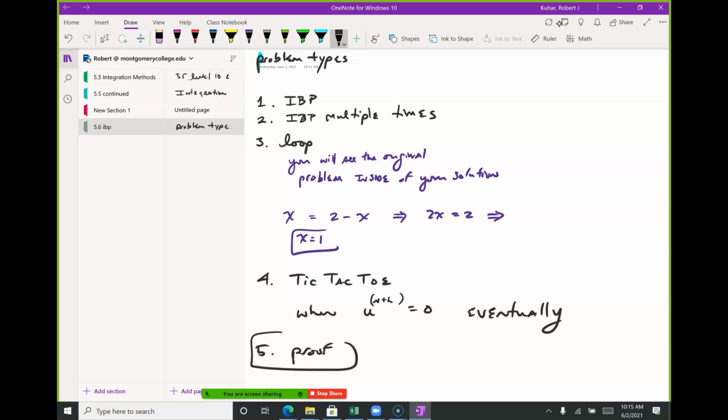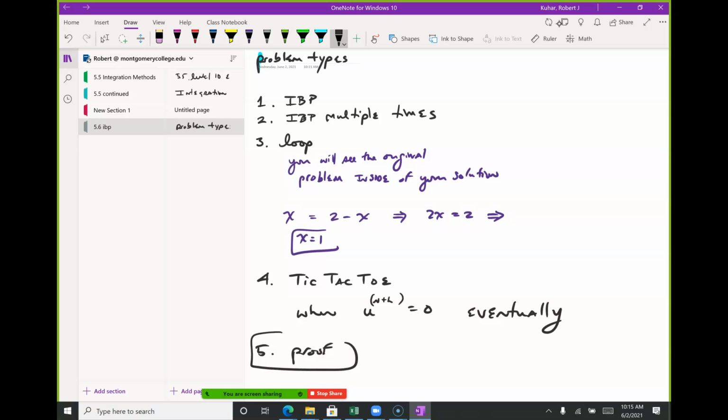On your test, I will say to you, use tic-tac-toe or use by parts. If I say use by parts, and you can do tic-tac-toe, that's your option. But most likely, if I say integrate by parts, you can't use tic-tac-toe. I do like both of those to show up on your midterm, so we want to make sure we can do all of these.